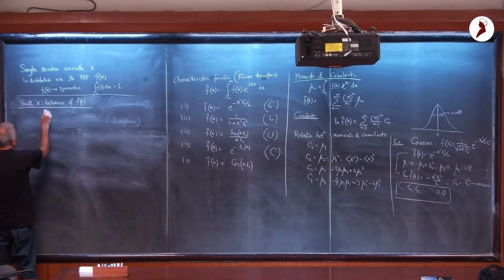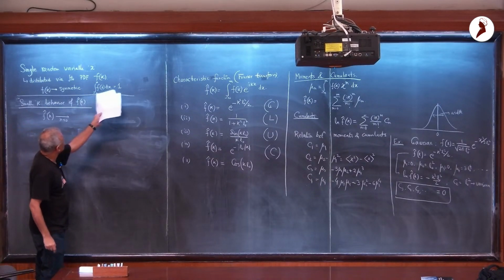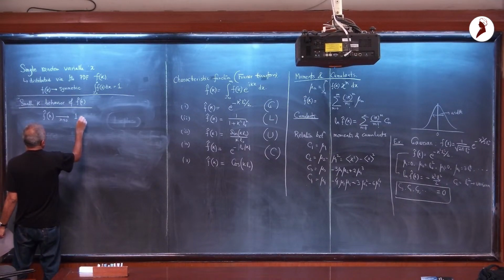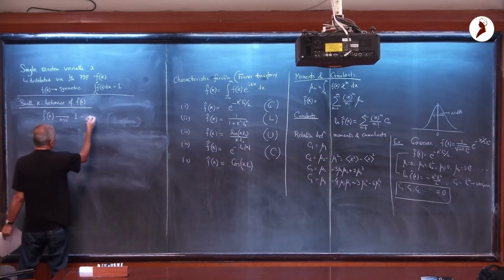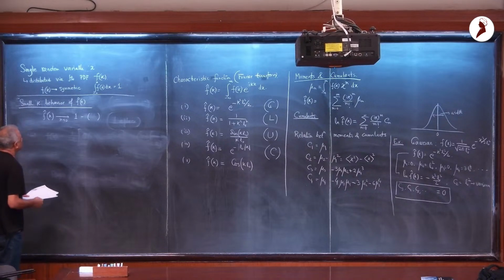So f at k as k goes to 0. Of course at k equal to 0, this is 1 because it's normalized, okay? And because it's symmetric, the first term is also 0. So f tilde k basically starts here with something, okay? The leading small k behavior after 1. So that is actually very important.